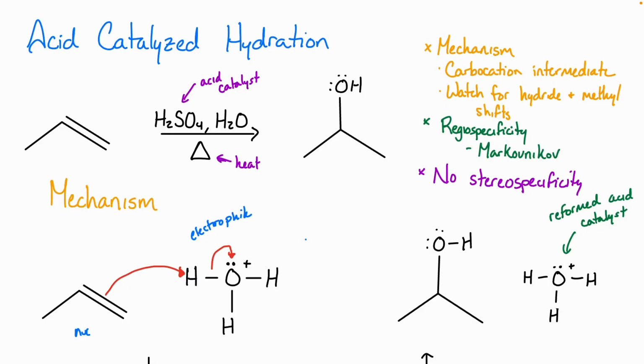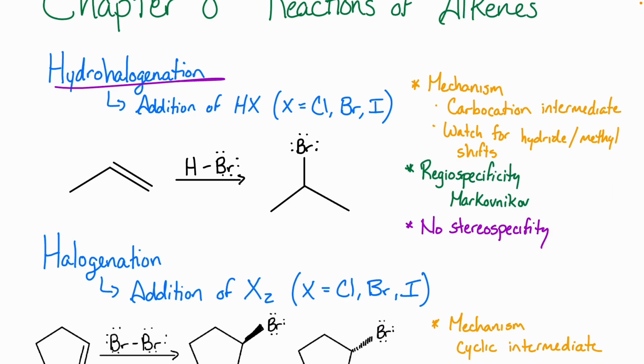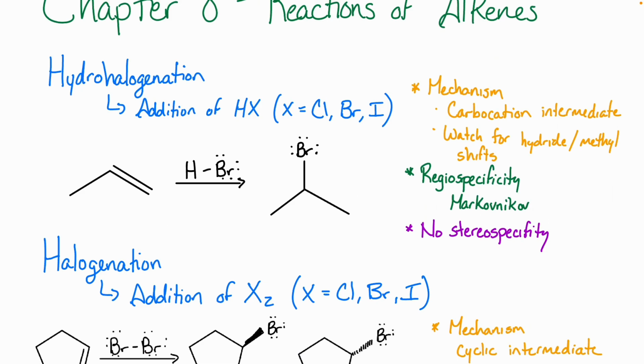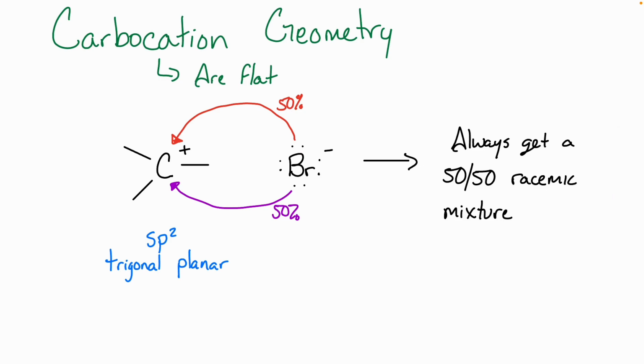Let's go back and look at our cheat sheet here. Our hydrohalogenation reactions. What was our stereospecificity? There's none, right? Because of that carbocation intermediate. Because when you have a carbocation, if you look at the geometry of those carbocations, they're flat, and so that incoming nucleophile can attack from either side, okay?